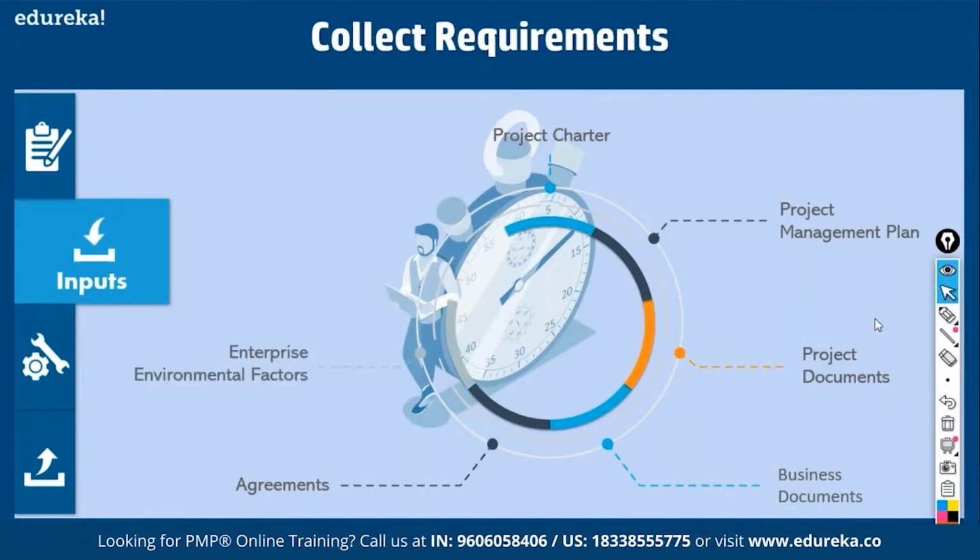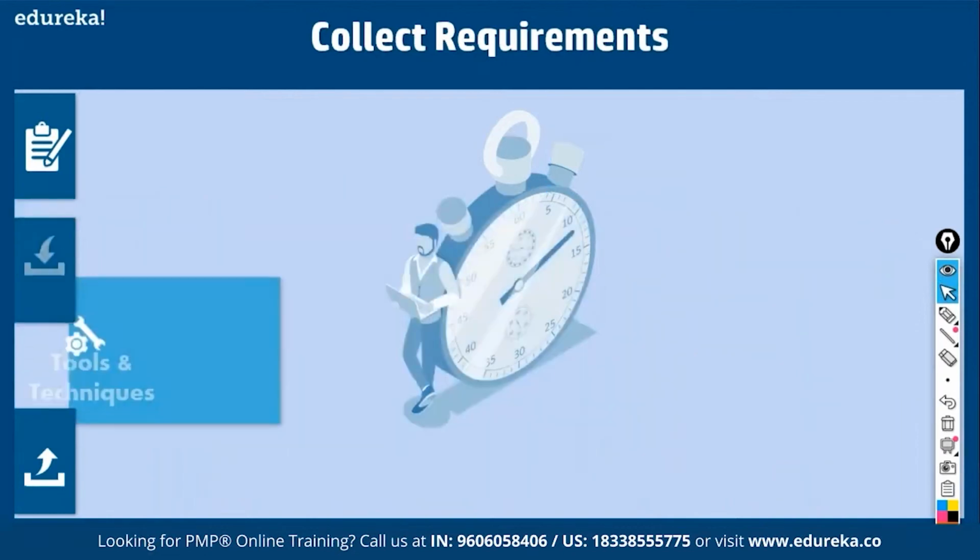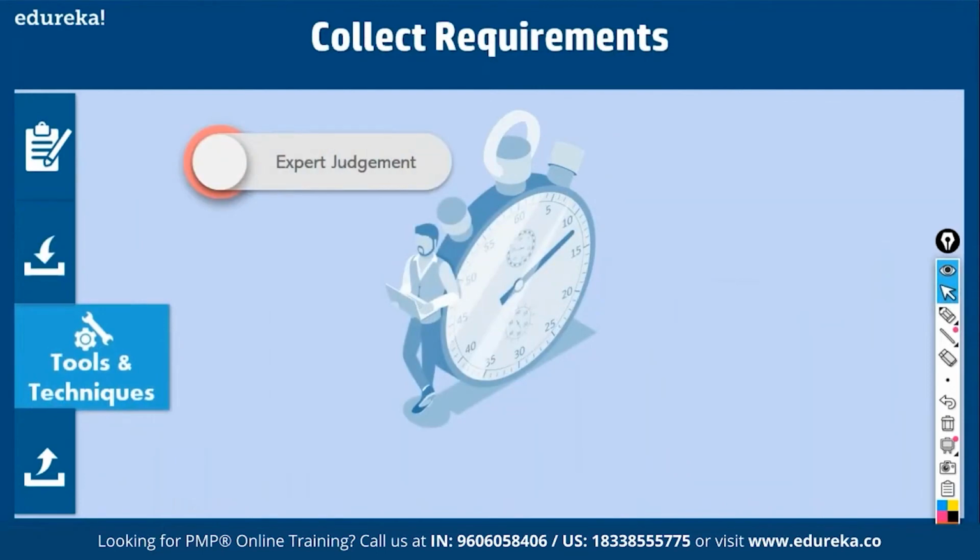Fine. Enterprise environmental factors, the same thing. Whatever tools are available in the industry and in that particular organization, you have to use them, right? For example, a requirements tool, right? Organizational process assets, you can use templates for gathering requirements that an organization gives you. Okay, these are the inputs for collecting requirements. Then what are the tools and techniques? Expert judgment. What type of expertise?